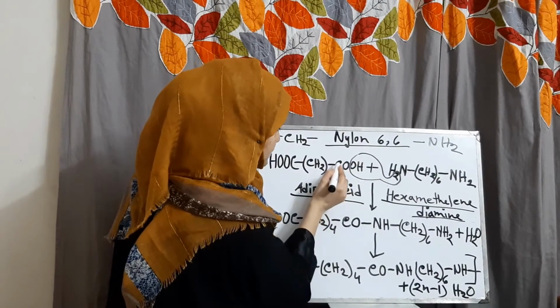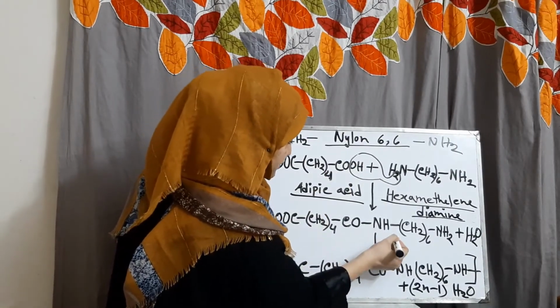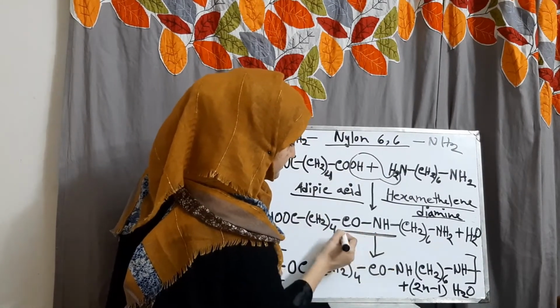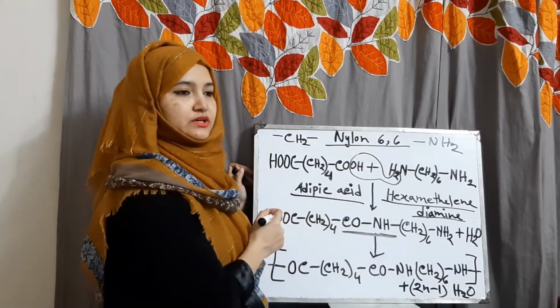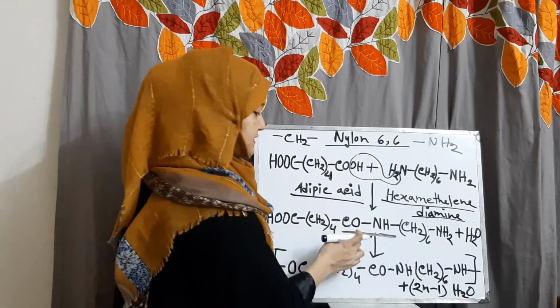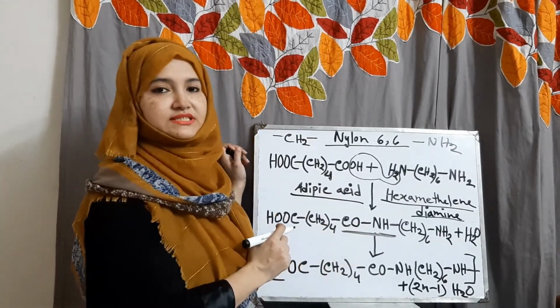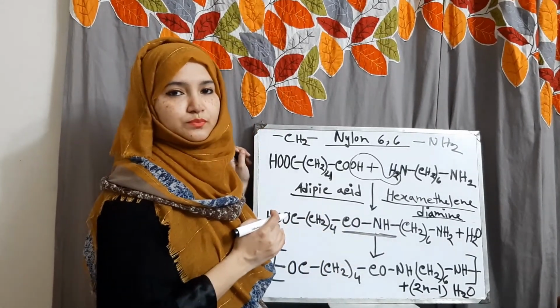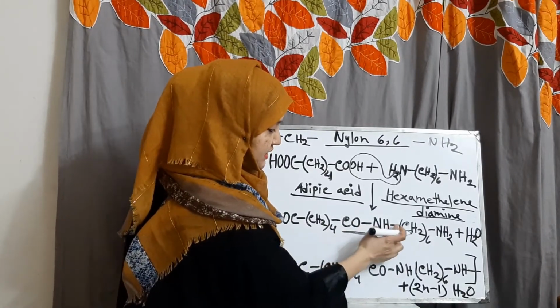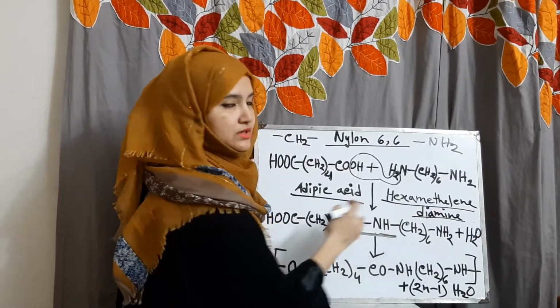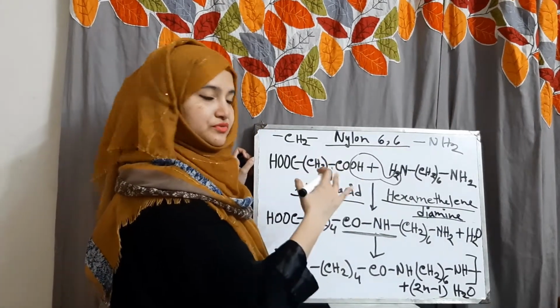Now, CO, you can see this portion. This group is also an important functional group in organic chemistry. This is called amide group. CO, NH, 2 bonds free.